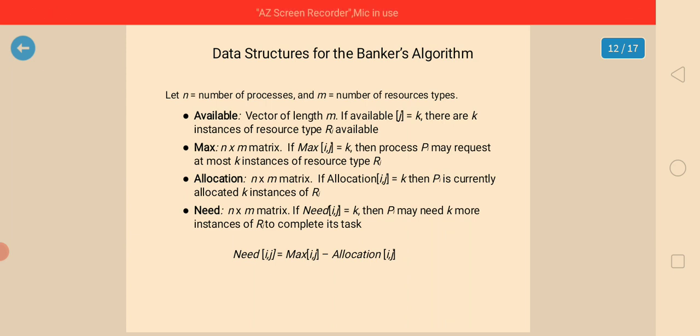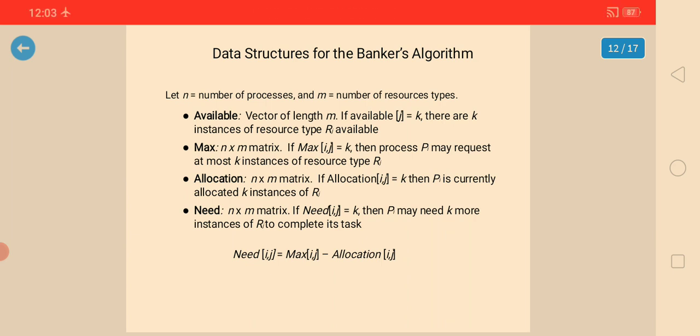Max is an n by m matrix; if Max[i][j] equals k, then process Pi may request at most k instances of resource Rj. Allocation is an n by m matrix; if Allocation[i][j] equals k, then Pi is currently allocated k instances of Rj.